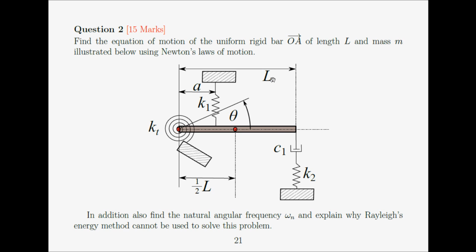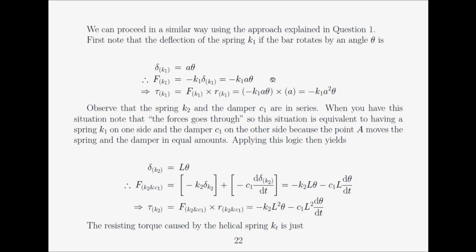What this basically means is, in the schematic that we're looking at right now on slide 21, there is a damper and a spring on a certain side of the rod. Because the force is going through the particular system, we can essentially put the spring or the damper on the other side because it'll still experience the same force.